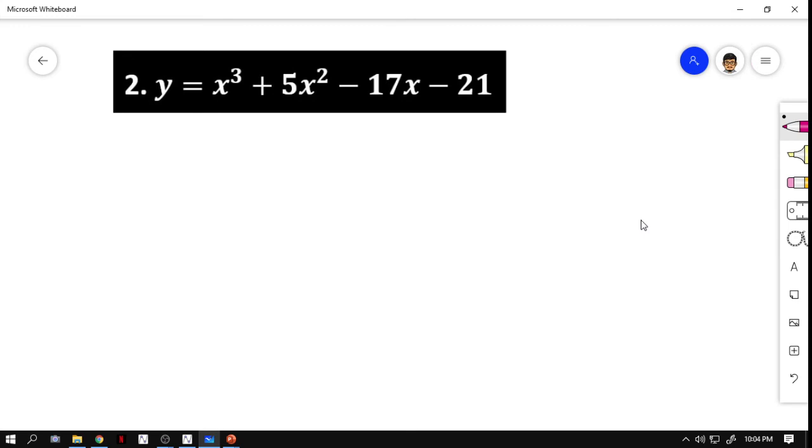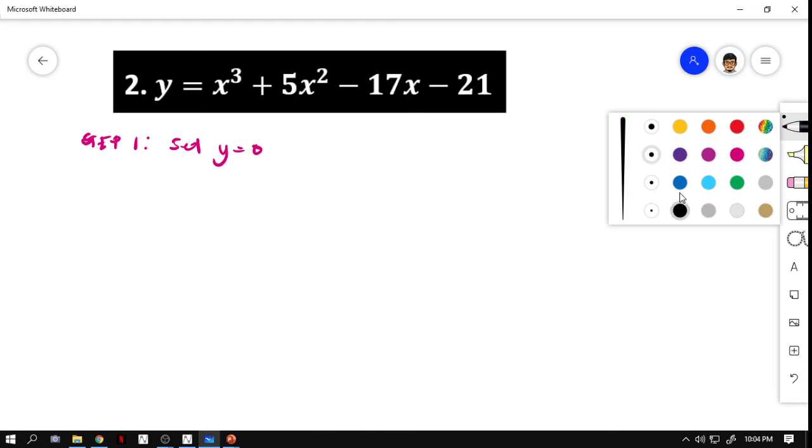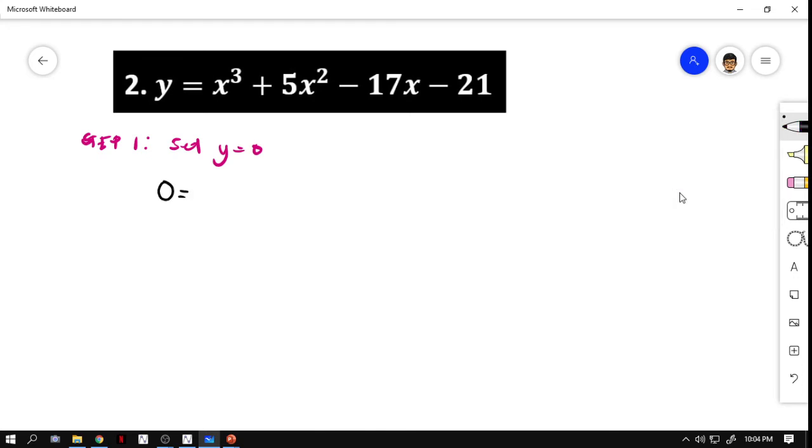Say, if that's the given function, sabi niya, step 1, set y is equal to 0. So, magiging 0 is equal to x cubed plus 5x squared minus 17x minus 21.